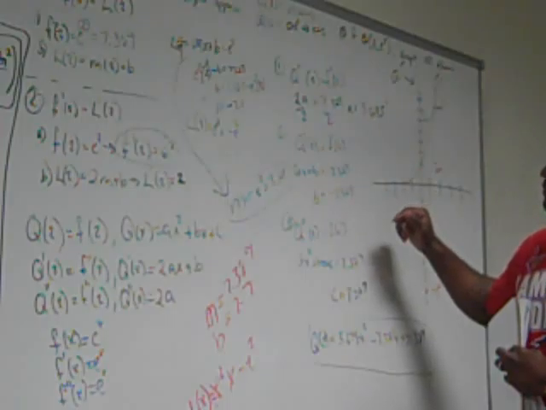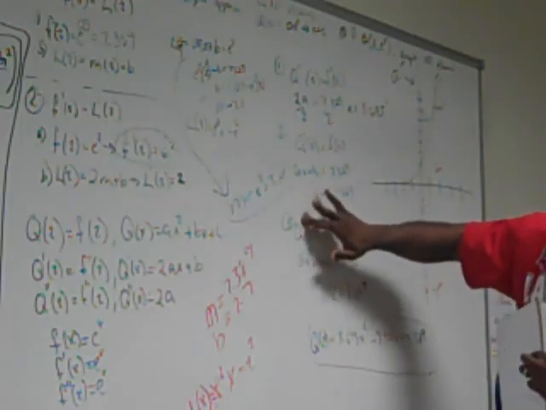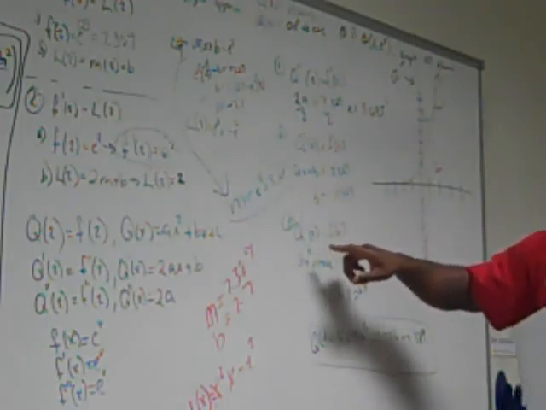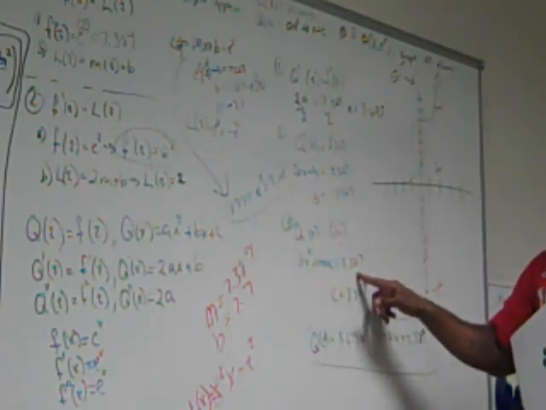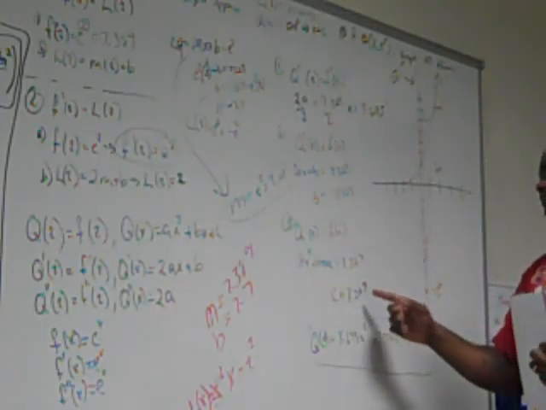And then you take the original functions, set them equal to each other, and c is equal to 7.389.